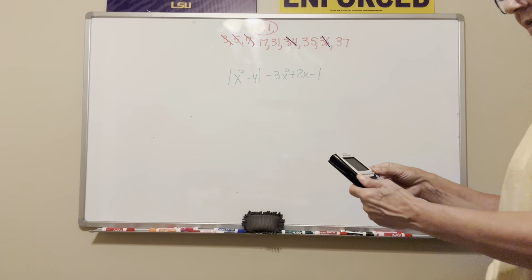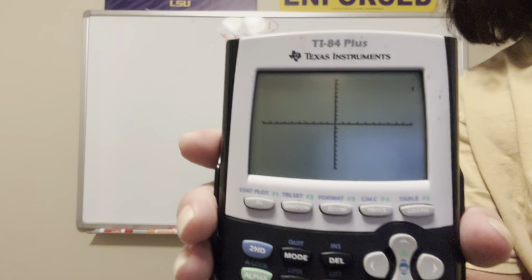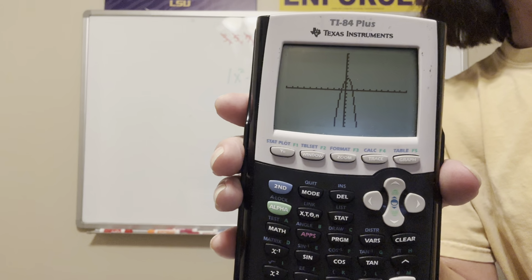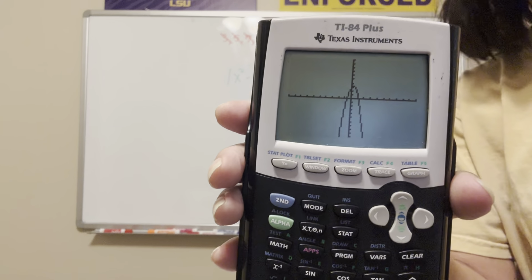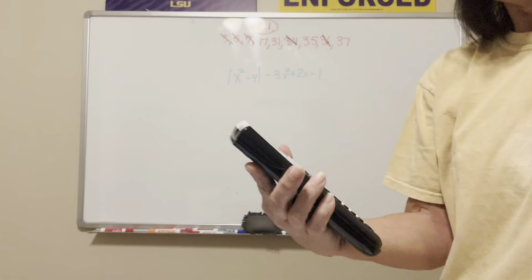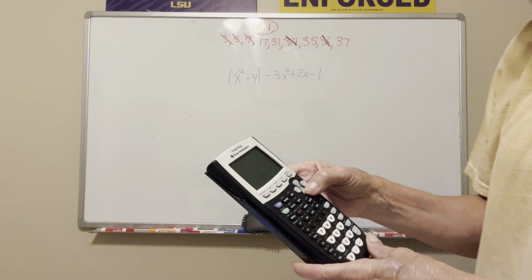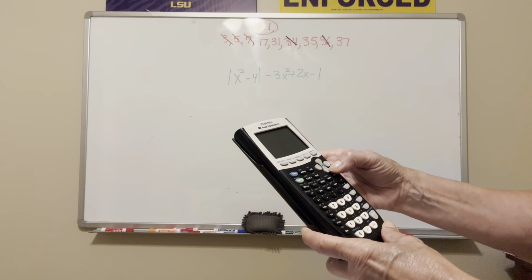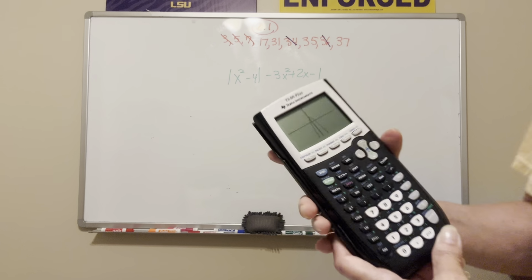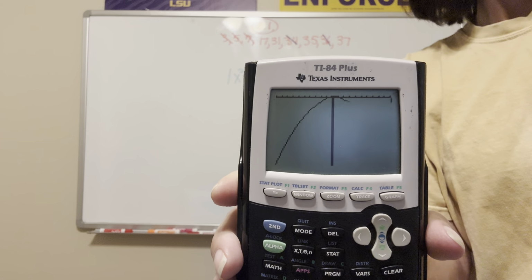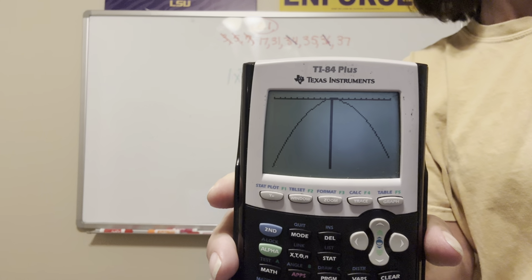I'm still at negative 10, 10, negative 10, 10. When I graph it, that's all I see. I'm going to make sure that that's all that there is. So I'm going to go to zoom fit, zoom fit to make sure. Let's see. All right, so that's all there is.